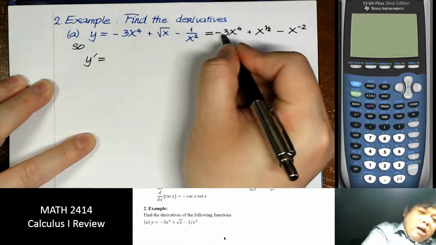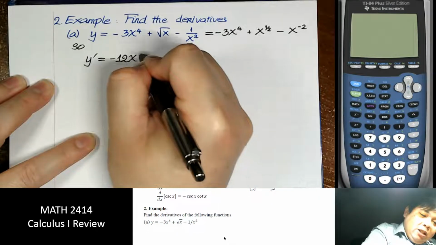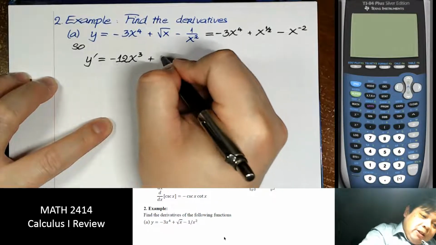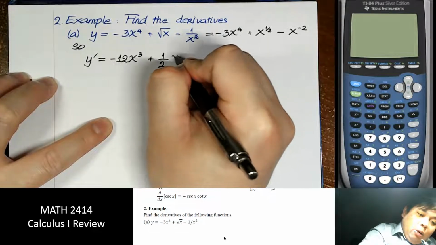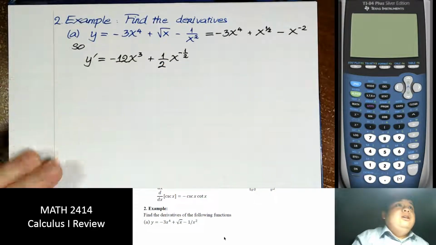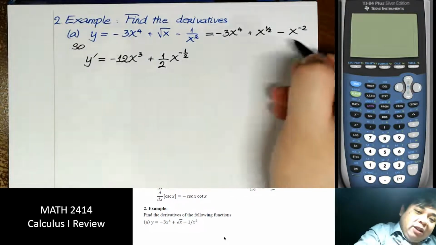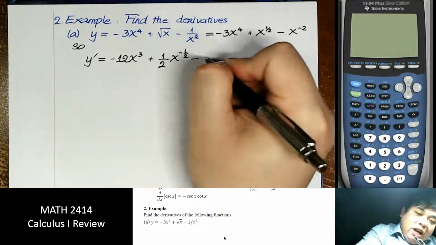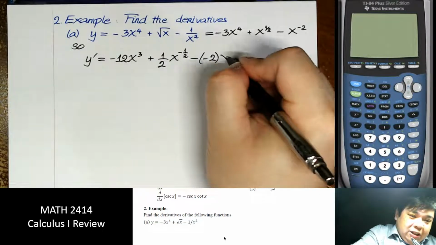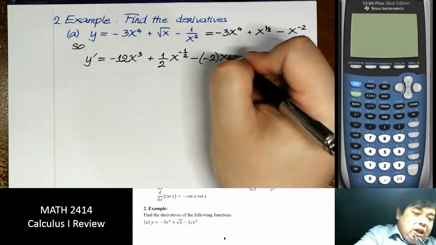So 4 times -3, that's -12x cubed. Then we take that 1/2 times the original power minus 1; 1/2 minus 1 is minus 1/2. And then take out the -2, original power minus 1: -2 minus 1 is -3.